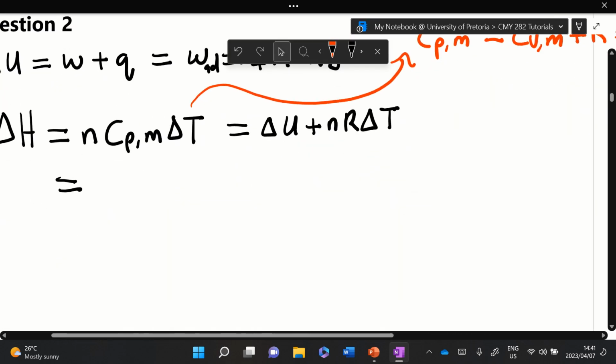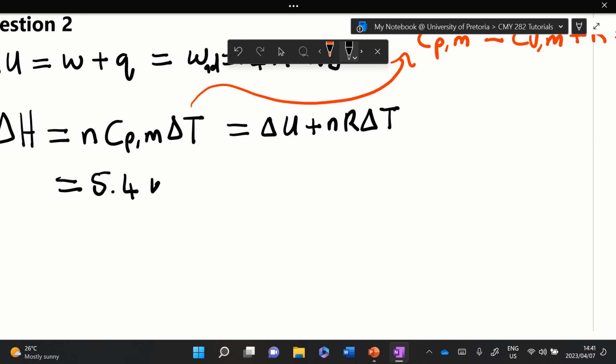Then we substitute that in there, and eventually we'll end up with 5.4 kilojoule.